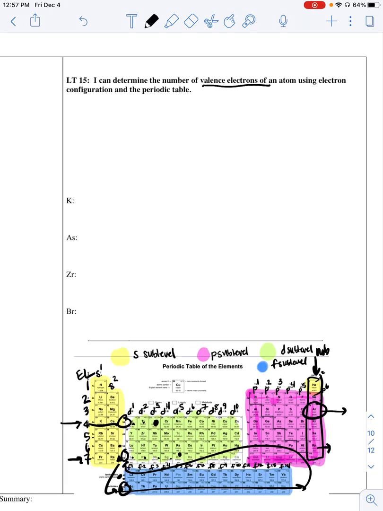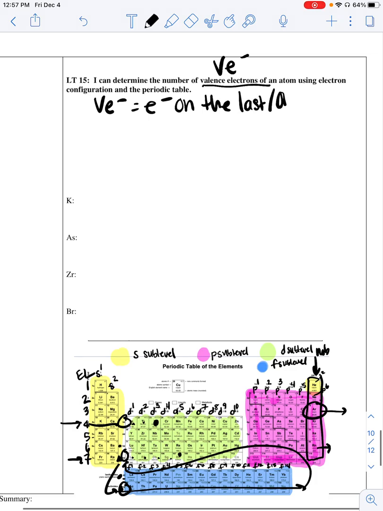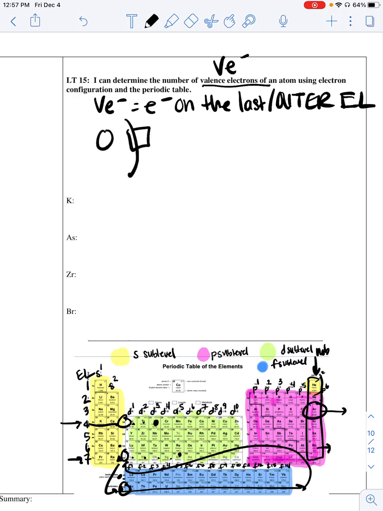And bonding is all about valence electrons. Just so you know, I shorthand valence electrons as VEs, okay? Valence electrons are the electrons on the last, the most outer energy level. So if I'm drawing a quick diagram, 1s2, 2s2, here's my first energy level, here's the second, this is my last energy level.